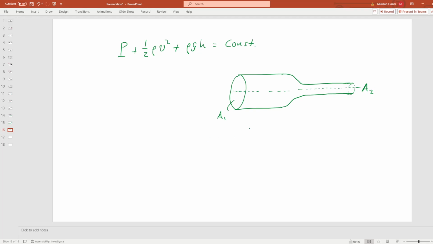In this case, the equation reads P1 plus 1/2 rho V1 squared is equal to P2 plus 1/2 rho V2 squared. So the change in potential energy is equal to 0.